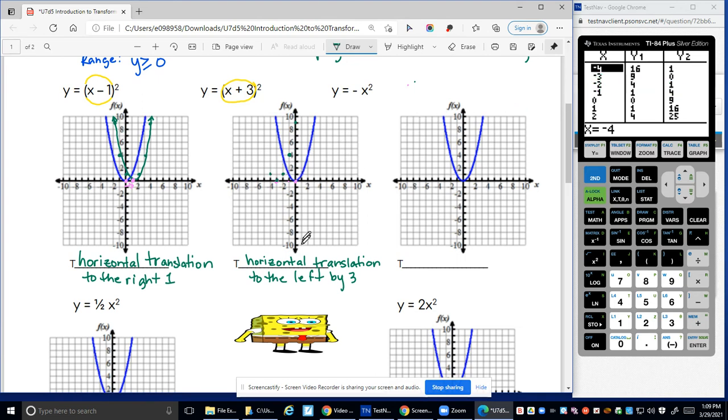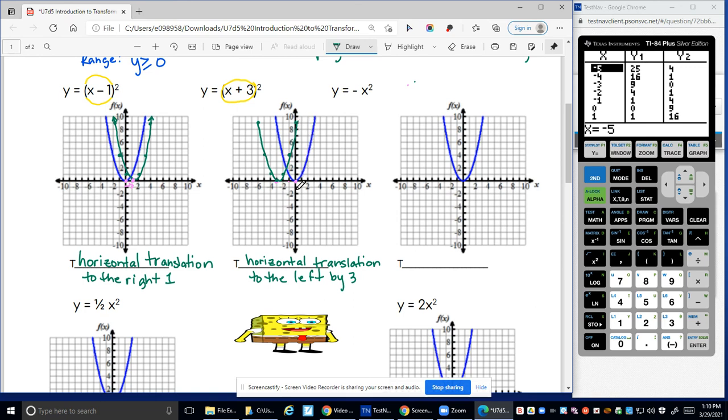Hey, we landed right there where we thought we would, right? Based on symmetry, this is going 2 to the right, so maybe it'll go 2 to the left. That's -5, 4. Sure enough, -5 and 4. Good. And the next one over will be about this tall. So I'm going to go right here. We're going to draw our parabola.